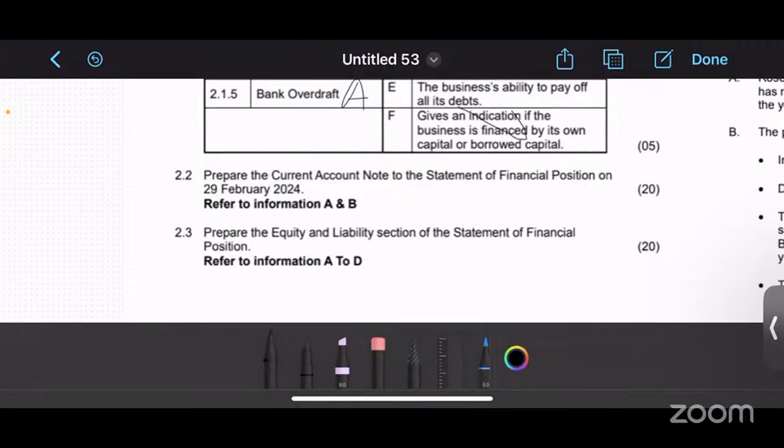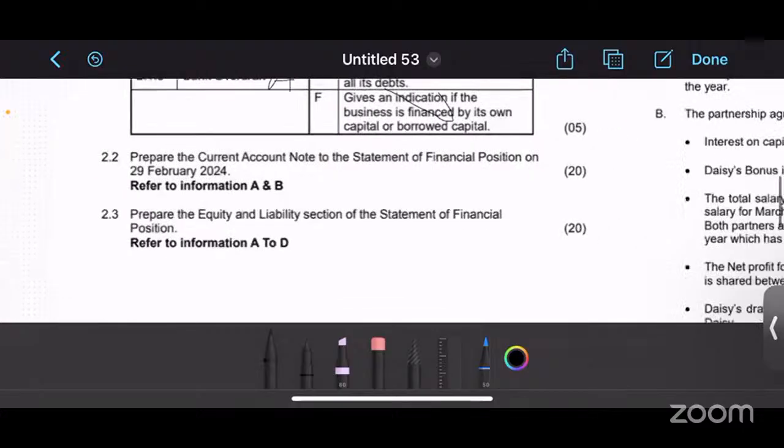Because I don't think we're gonna have enough time to do 2.3 and 2.2, both of them today, because it's already 1:30 now. So which one do you think you're most likely to struggle with? Is it the note or the statement? The notes. The note, perfect.